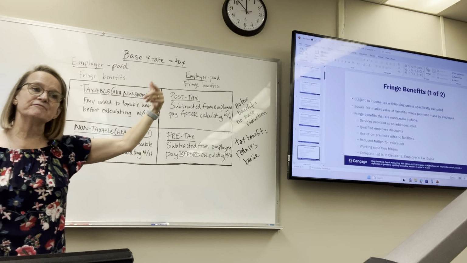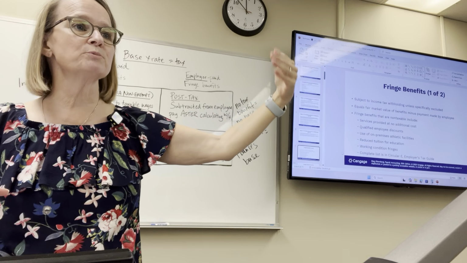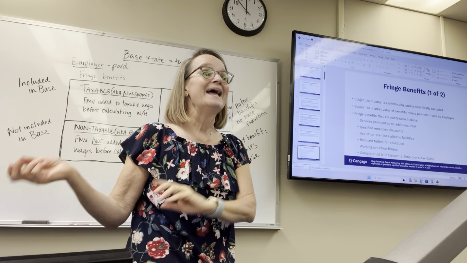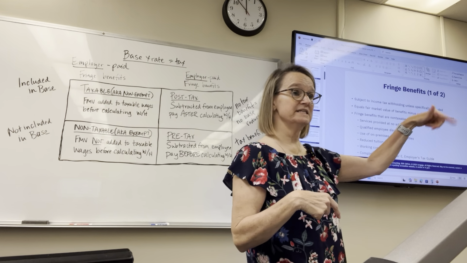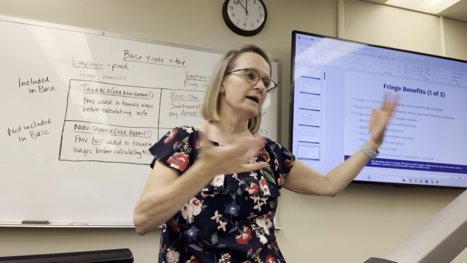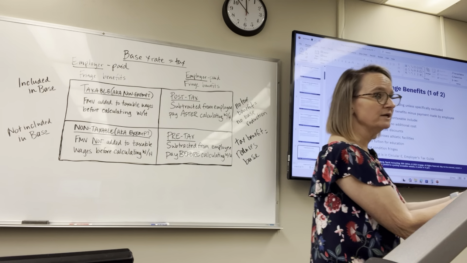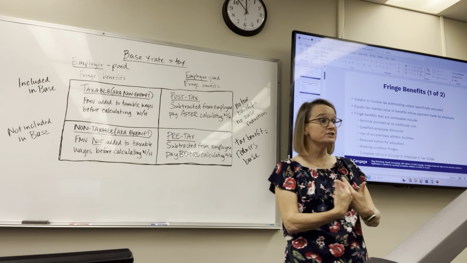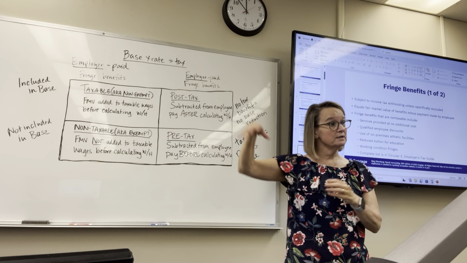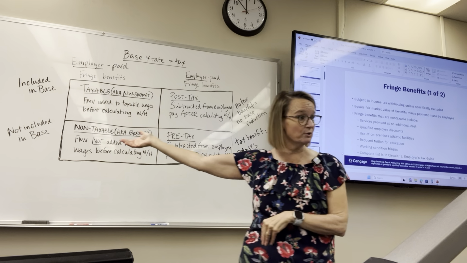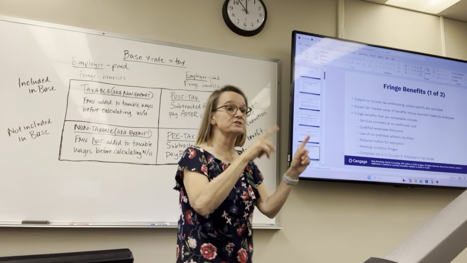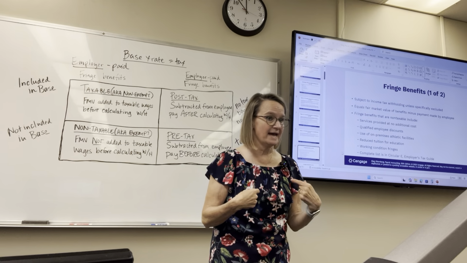So the value of that $50 every month is taxable to the employee because the gym is not on the premises. If it's on the premises, like here, DMAC has Trail Point, there's a gym on the premises. So employees are allowed to use that gym. You can become a member of that gym. It doesn't cost you anything, and the value of it is not added to the tax base for purposes of withholding. So there's no cost to the employee to do that. But if it's off premises, then it becomes taxable.